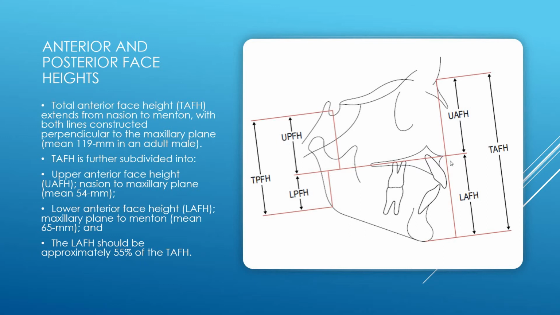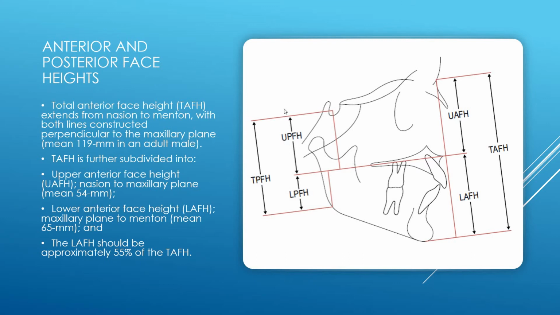Lower anterior face height, LAFH, extends from maxillary plane to menton, and it's about 65 millimeters. And the lower anterior facial height should be approximately 55% of the total anterior facial height.